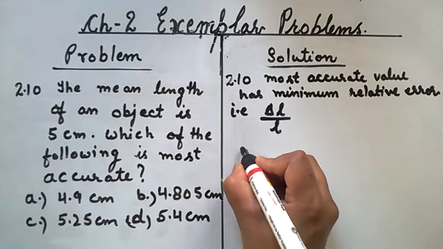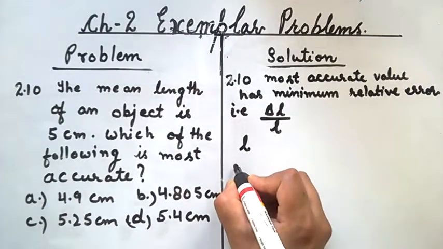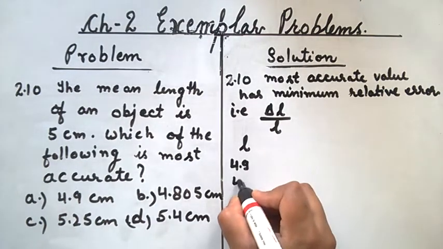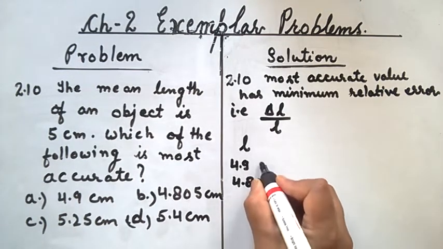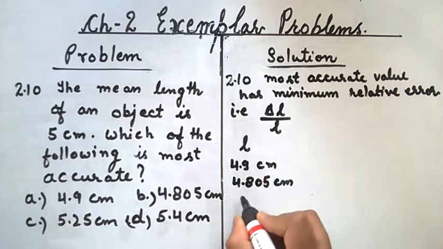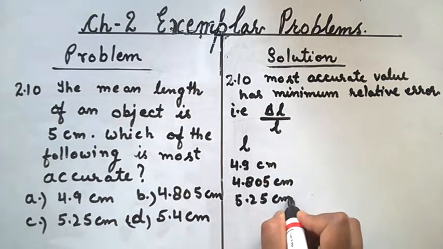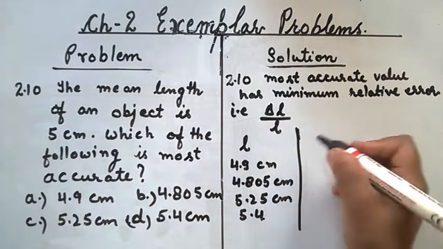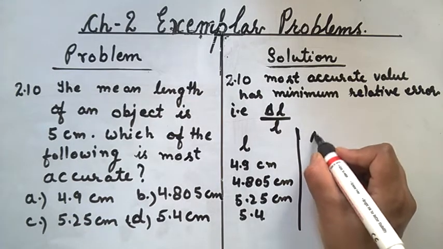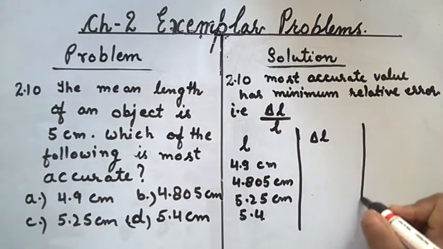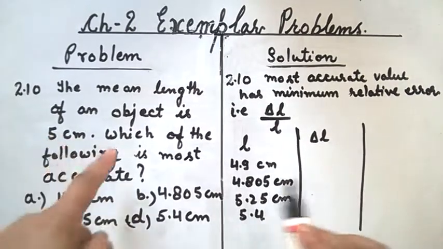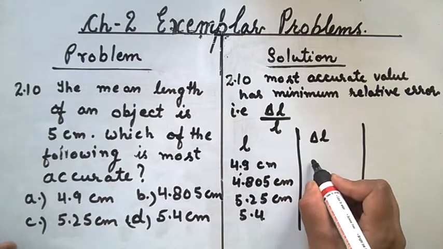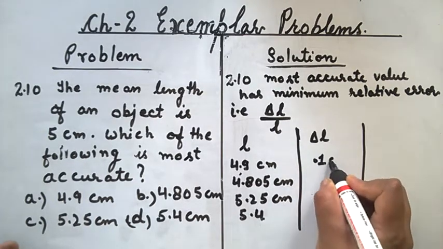So let's find. The lengths given are 4.9, 4.805, 5.25, 5.4. Its absolute error is given by subtracting this number from the mean value, that is 5 minus 4.9, that is 0.1 centimeter.